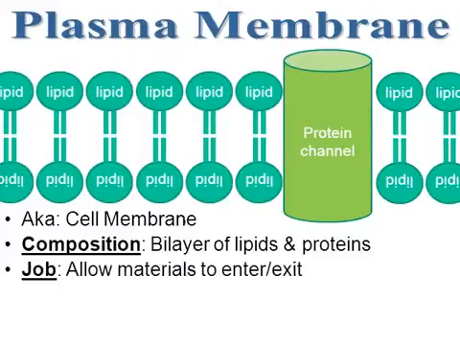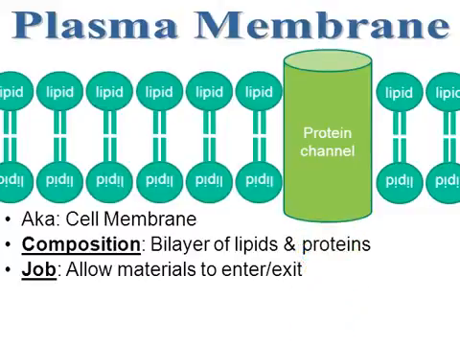Well, the job of the plasma membrane is to allow materials to pass, to enter and exit. Small molecules like water and oxygen, H2O for water, O2 for oxygen, can simply pass through the lipid bilayer. However, larger molecules like glucose have to pass through these protein channels, and that's what you see happening in the animation.